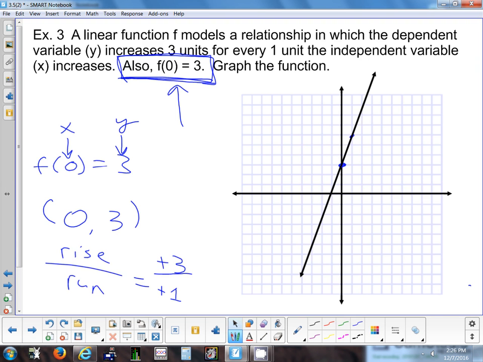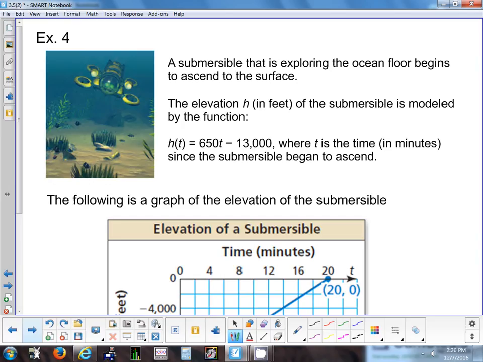All right, so let's look at, I think, the last one. Let me read through it. There's really only one thing here you have to focus on. The rest is just describing the problem. What we've got is a submarine that's exploring the ocean, and this is a formula for how deep the submarine is. You don't have to worry how they got this formula.